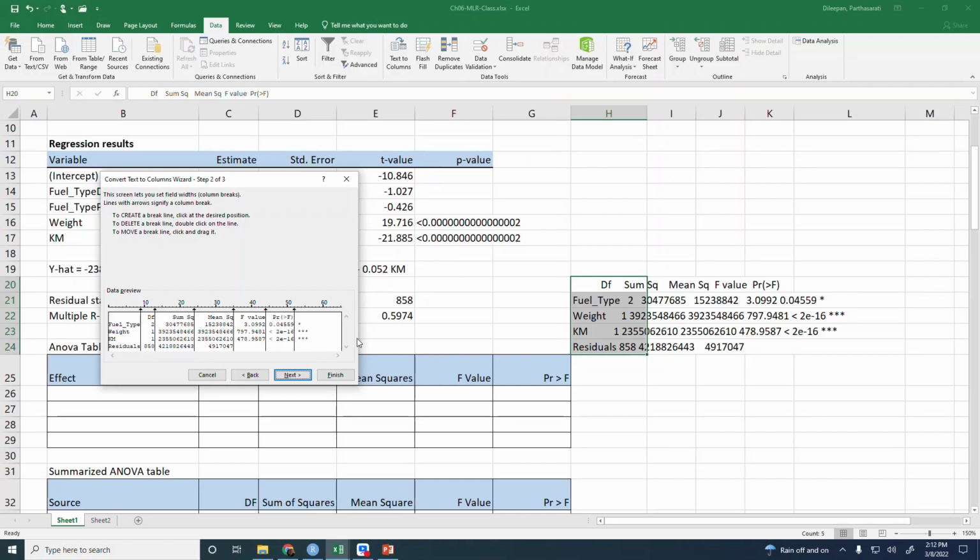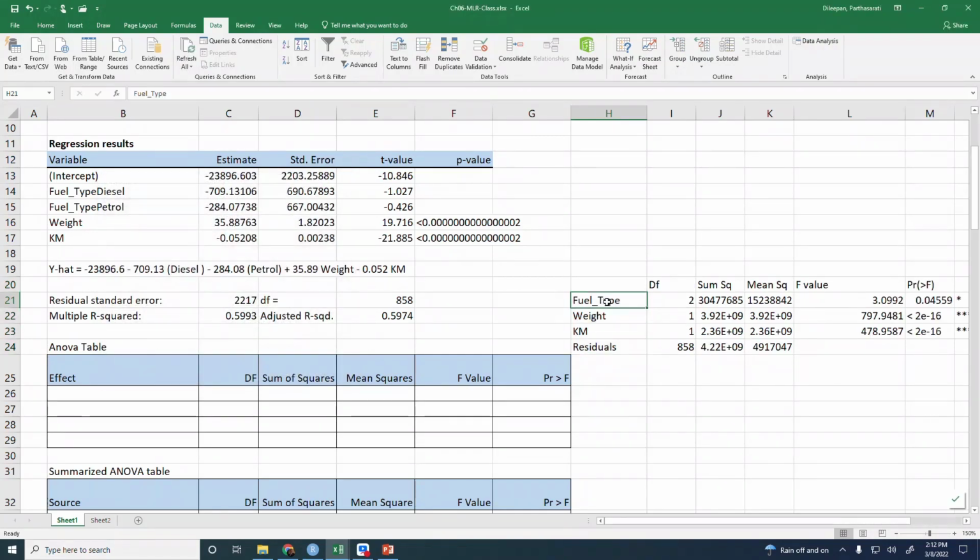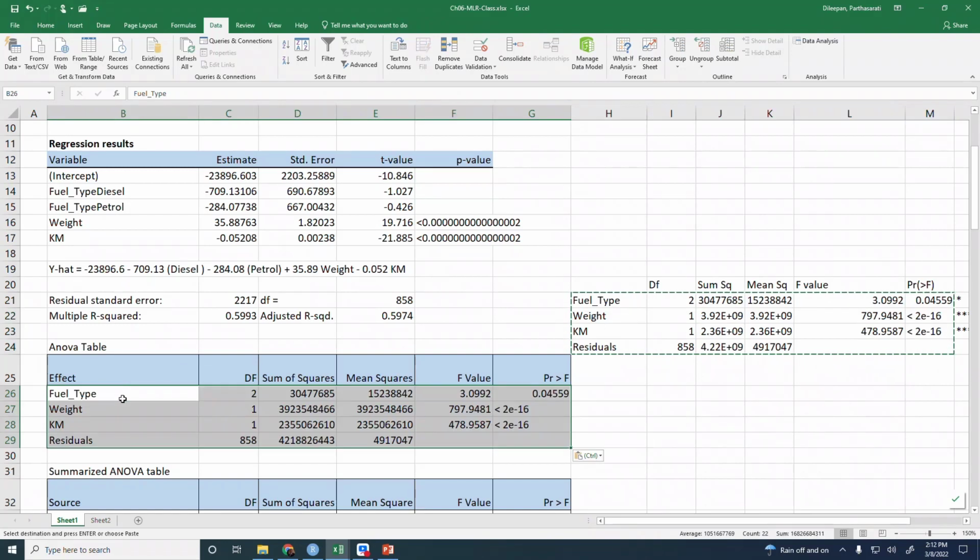We don't need the stars here. Okay, so they look good. Finish that. And okay, so I'm going to copy that over here.